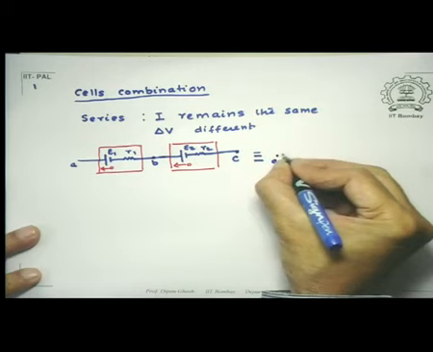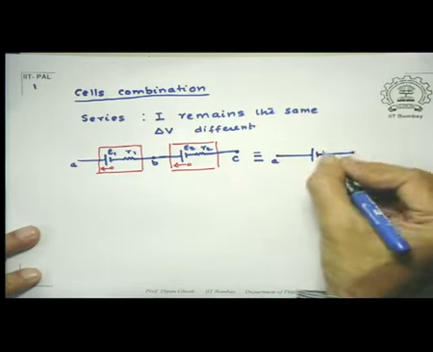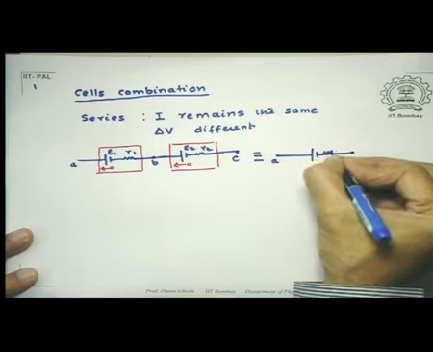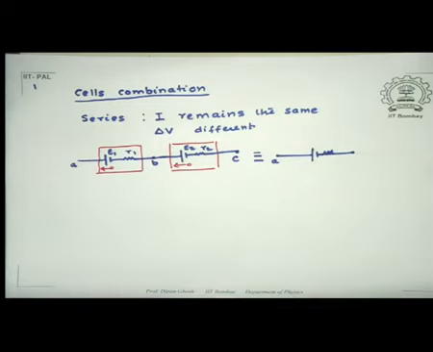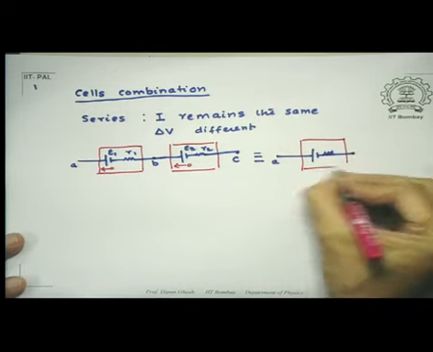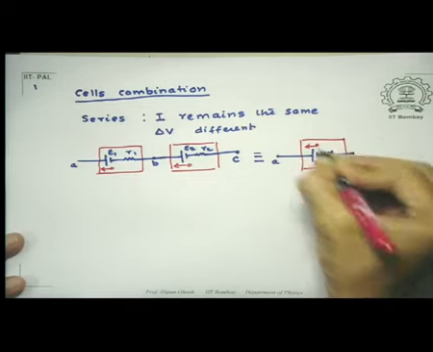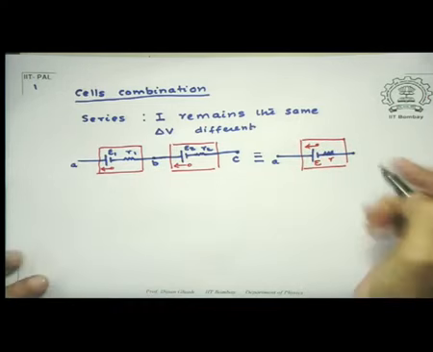So this is A and this is the combination I am looking for, and of course there is an internal resistance. So I will again combine this and say this is E and let us say R, and this is the point C.